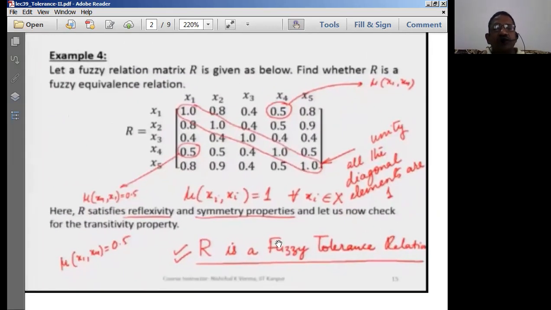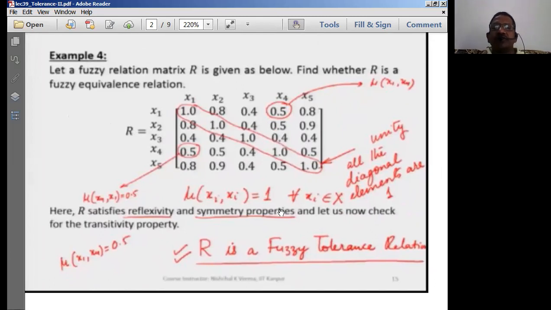The next property to satisfy is the symmetry property. Symmetry means x1, x2 and x2, x1 should be the same. x1, x3 and x3, x1 should be the same. x1, x4 and x4, x1 should be the same. Then x1, x5 and x5, x1 should be the same. It is all the same now, so this relation has the symmetry property.